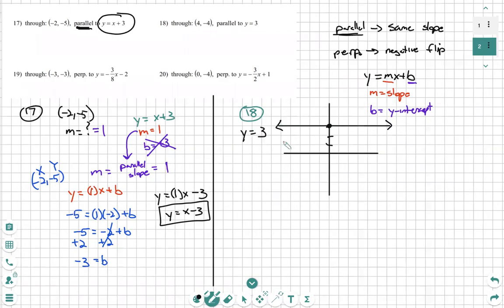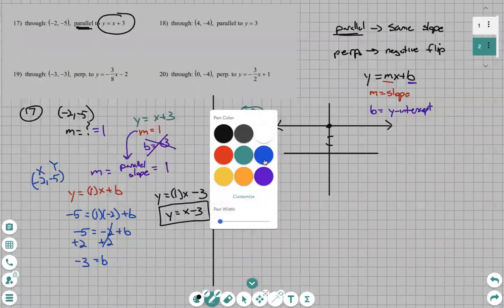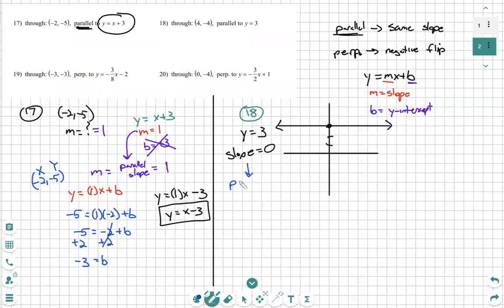We know that a horizontal line, the slope is equal to 0. So if I want something parallel, my slope that I'm looking for, so the parallel slope, will also be 0, the exact same, since it's parallel. After that, we are just going to plug in y equals 0x plus b.